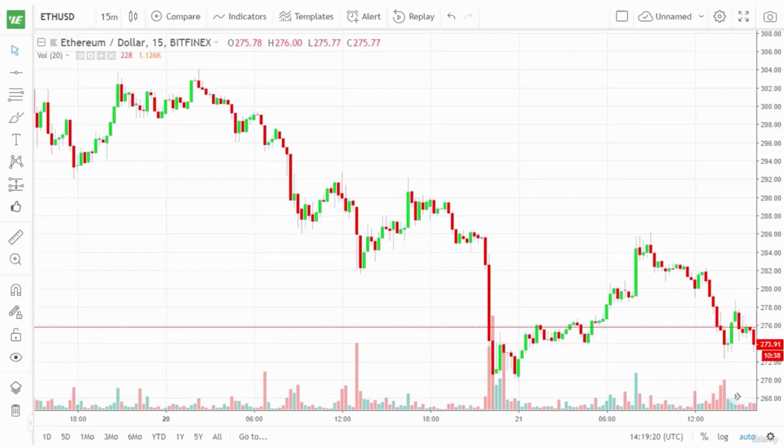Suffice to say, Fibonacci has its detractors and skeptics, and my best opinion on this is simply there's a certain amount of self-fulfilling prophecy to Fibonacci. So whether there's actually something to it or not, it's irrelevant. What is relevant is the market tends to react to it.